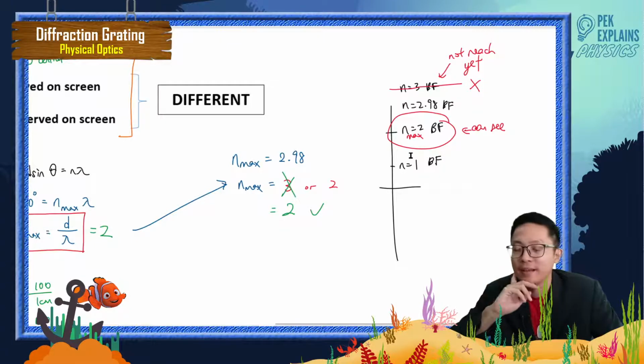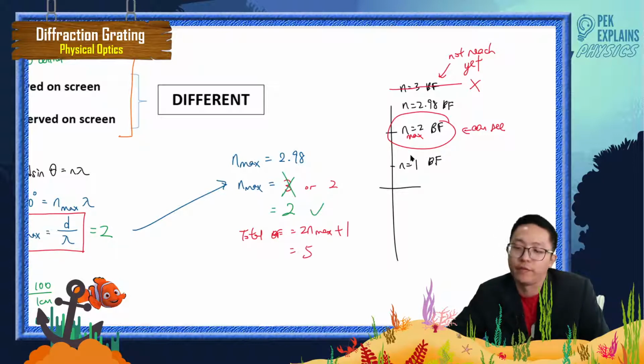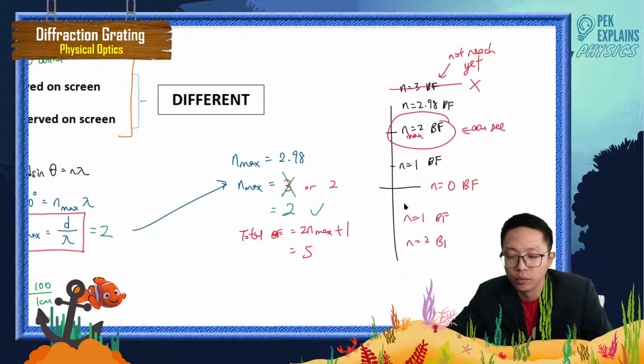Understand? So what is the total bright fringe you can see? Total bright fringe you can see is 2n max plus 1, which is 5. Top and bottom and the central some more. Central we have 0 order, and then here we have 1 and then we have 2.